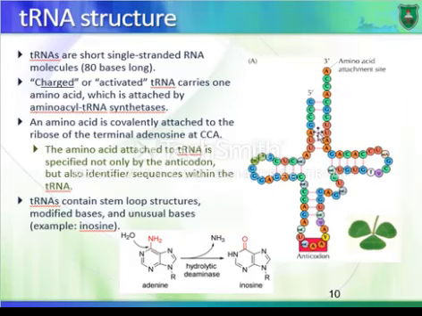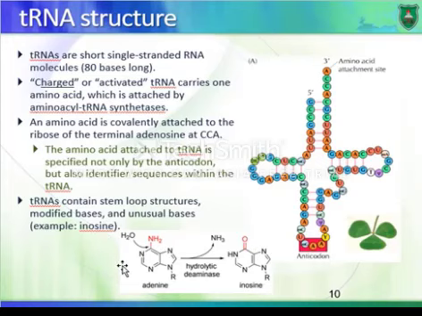So the amino acid tRNA synthetase plays a very important job in linking the amino acid with its proper and correct tRNA. Also, the tRNA contains stem loop structures, as you can see here, some modified bases, and some unusual bases like inosine.